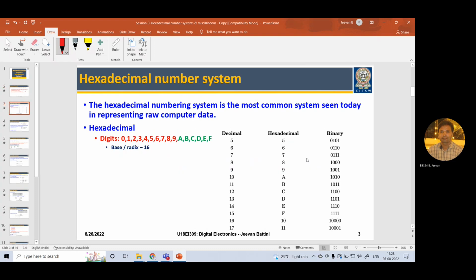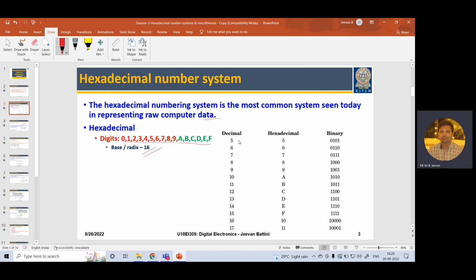The hexadecimal number system is most commonly used in computer data processing. The digits range from 0 to 9 and A to F, and the base is 16.